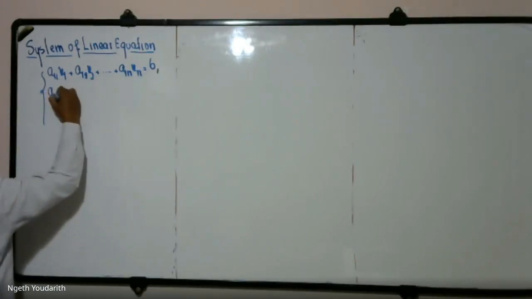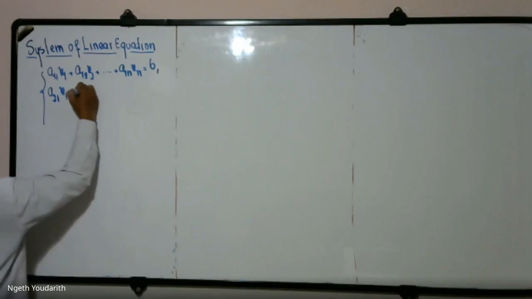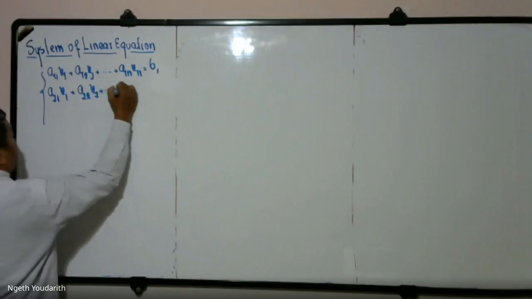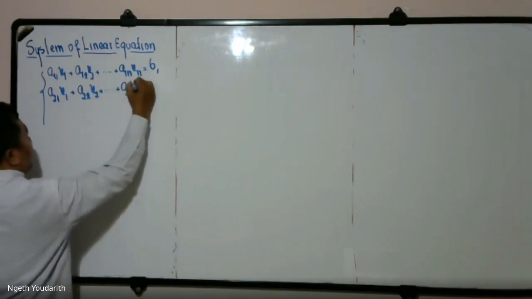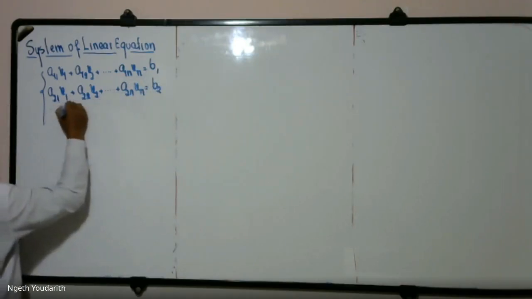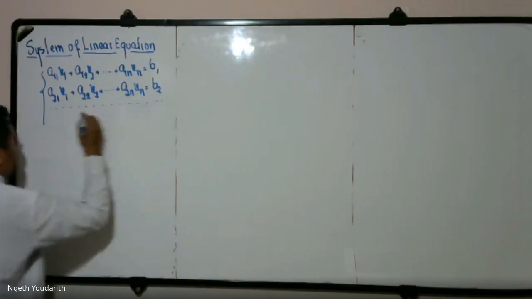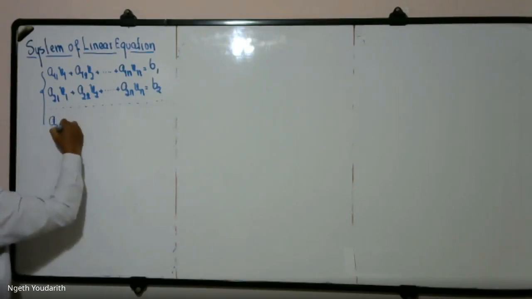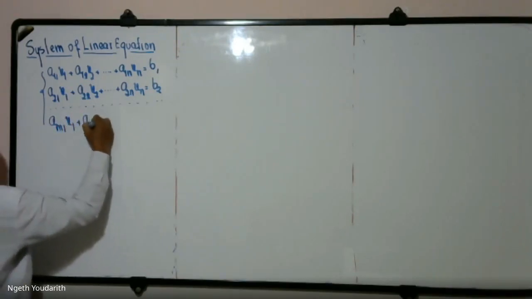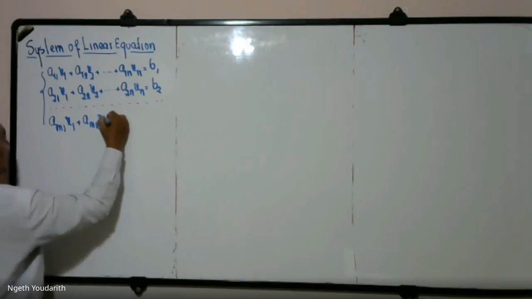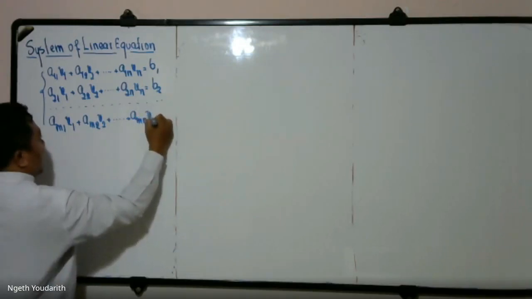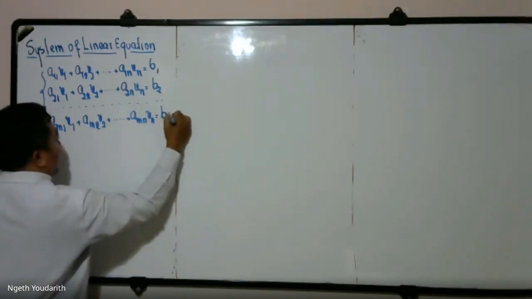And a21 x1 plus a22 x2 plus until a2n xn equal b2, and some other equations in here. And the last, I think, am1 x1 plus am2 x2 plus until amn xn equal bm.